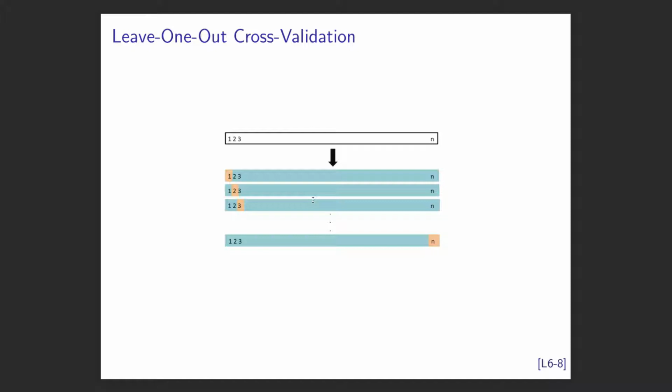You then go back to your data and remove the second observation, so you're leaving one out each time. You fit the model to all the n-1 except the second, use that model to predict your second observation, and ask, what's the error? You do that n times altogether. So for each observation, you have the error when it was the test and all the other data was the training.